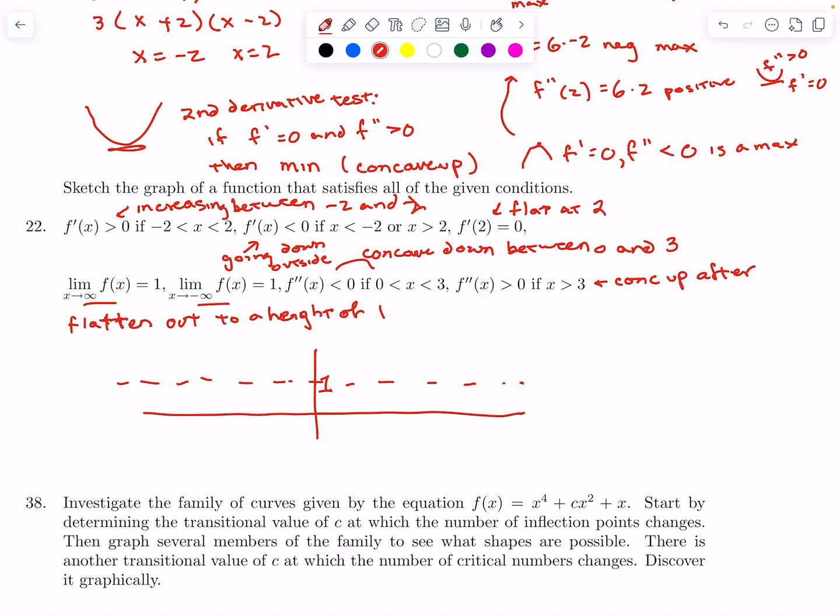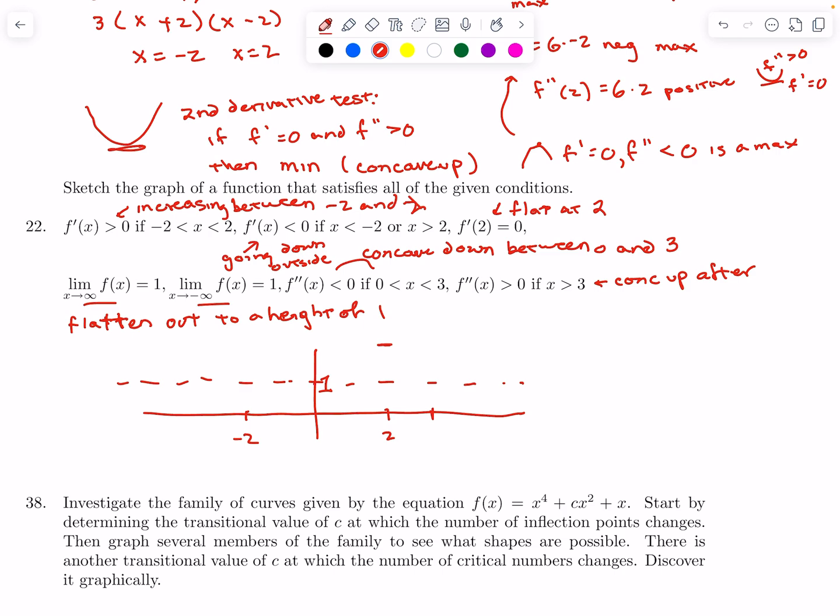Going up between -2 and 2. Flatten out at 2. Concave down between 0 and 3, and then not concave. So let's see.